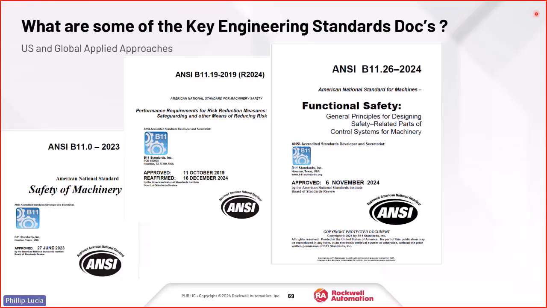How do we design, assess, and, as I mentioned earlier, verify and even validate that our safety designs are valid or accurate? I'll highlight here, if you notice, these are recent updates. So 2023, 2024, these standards don't just stay written in stone. They do get reviewed, updated, etc. So just be aware there are recent updates on these fundamental standards that we use.